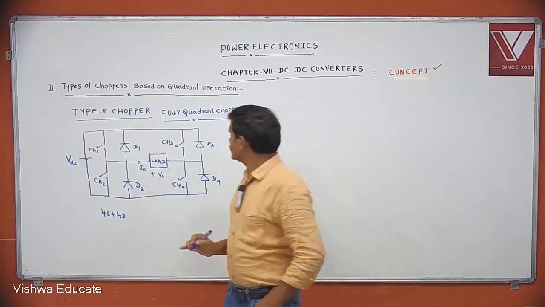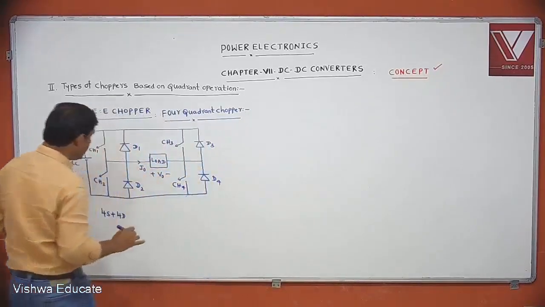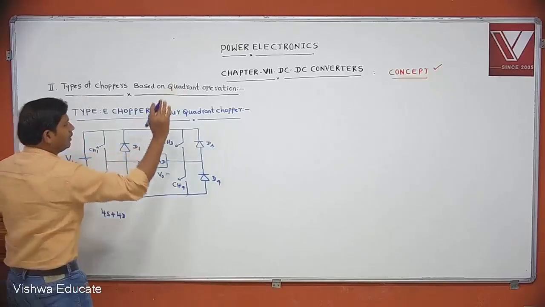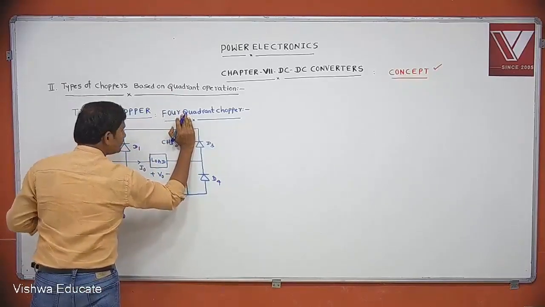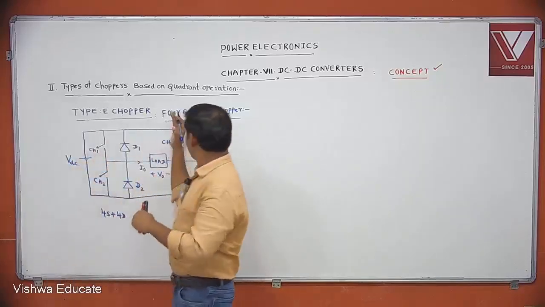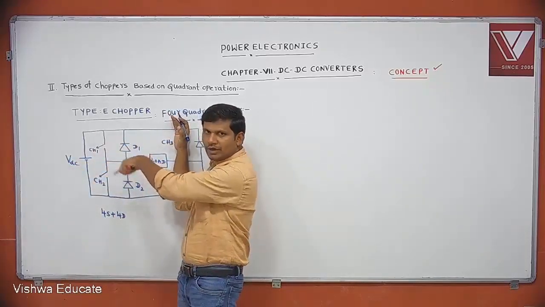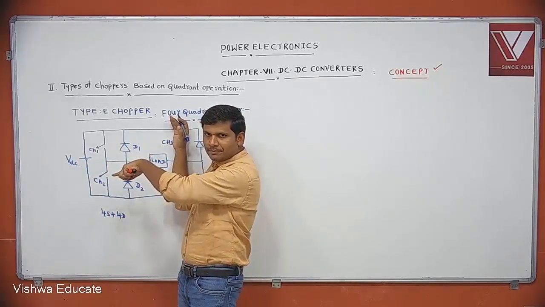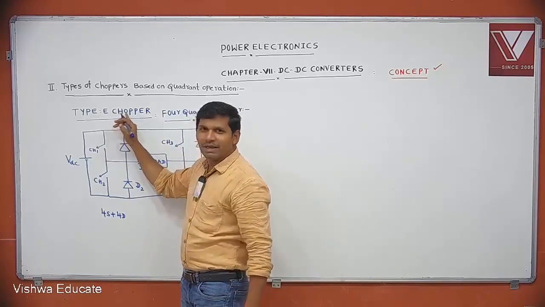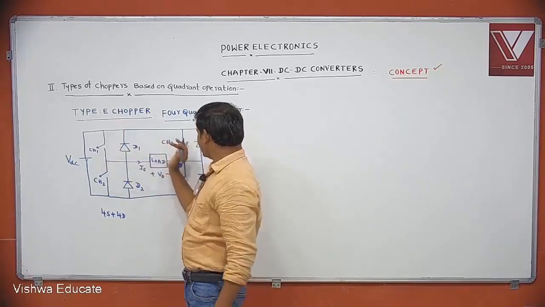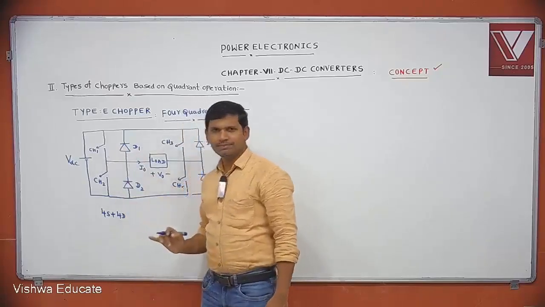Okay. Now see, if you take only this part, what is this chopper? You tell me. Type C. That's why a type E chopper is realized by a combination of two type C choppers.